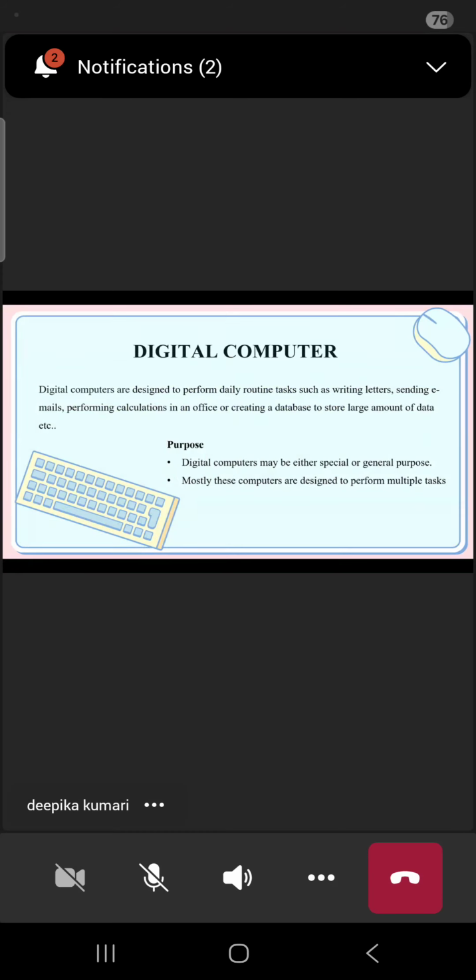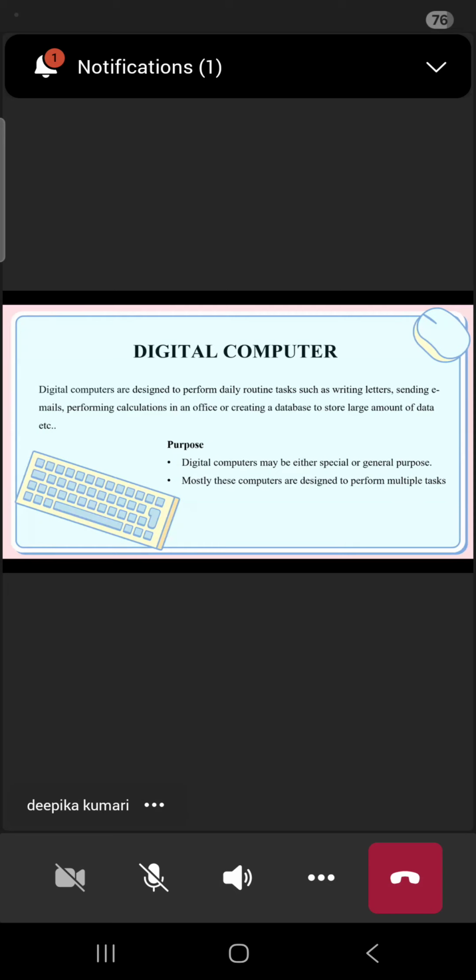Then the second type of computer on the basis of construction is digital computer. The digital computers are basically focused on routine tasks such as writing, sending emails, performing calculations in an office, or creating a database to store a large amount of data. So their purpose can be special or general purpose, and they are designed for multiple tasks.